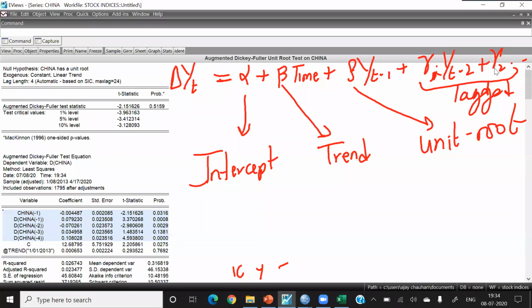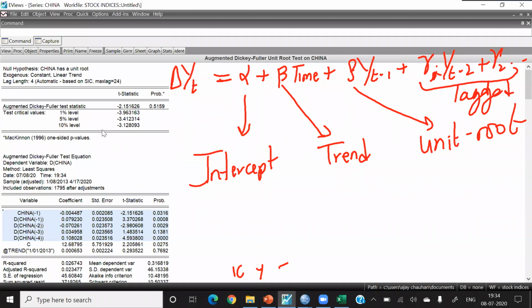So I hope you now understand clearly the meaning of the unit root test, because if you understand this equation, clarity on the unit root test will definitely come. So this is the concept of unit root and how to test it in EViews.